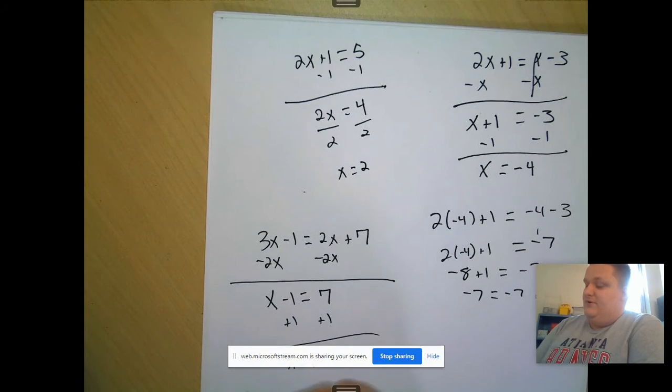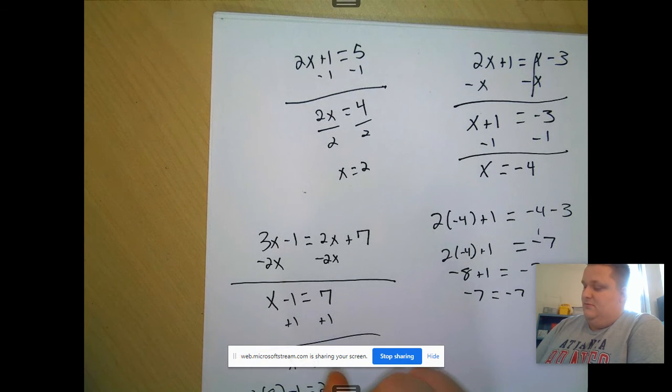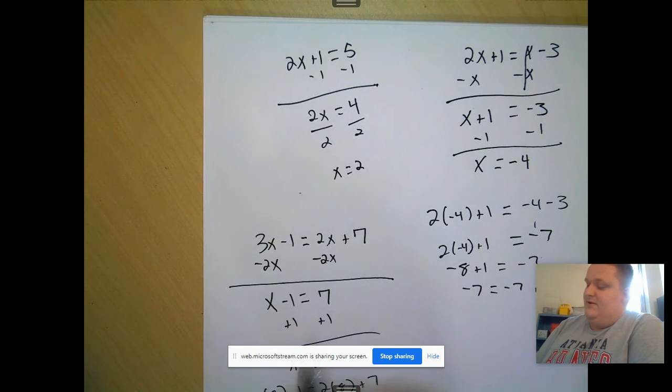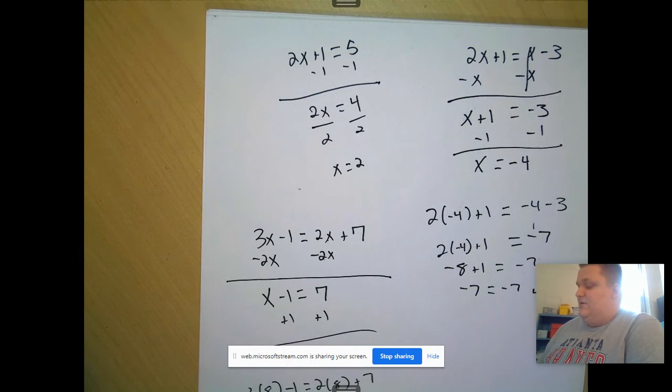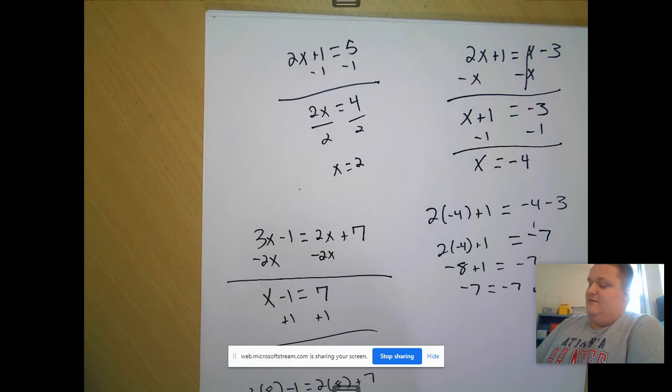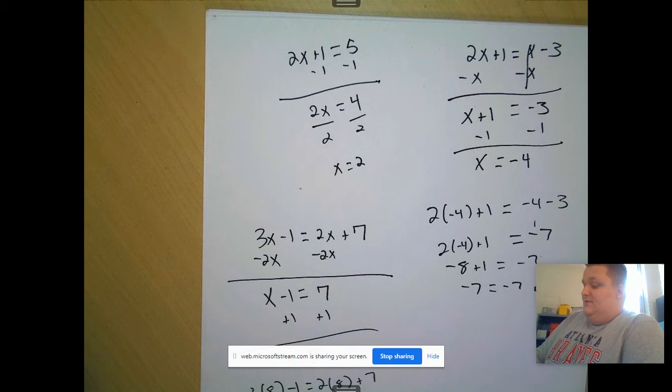Plug it back into your original. Solve this side. 8 times 2 is 16 plus 7. Then you have 8 times 3, so that would be 24, minus 1 equals 16 plus 7.